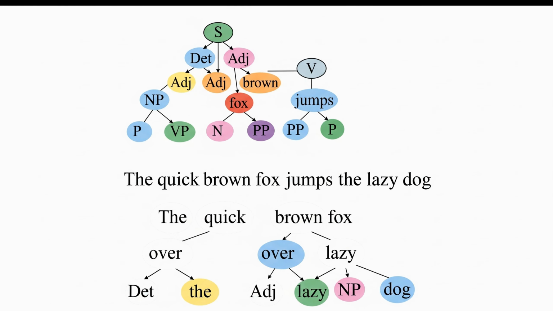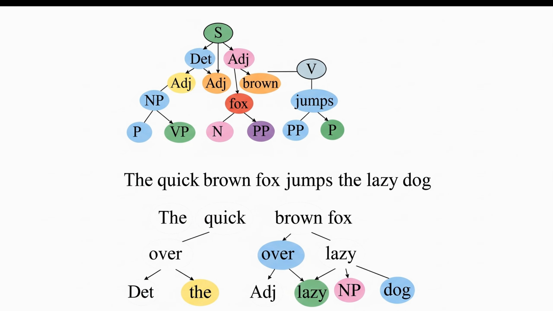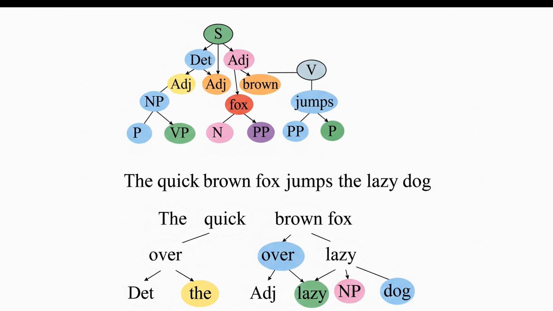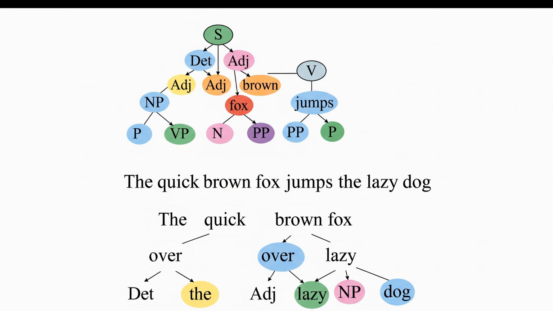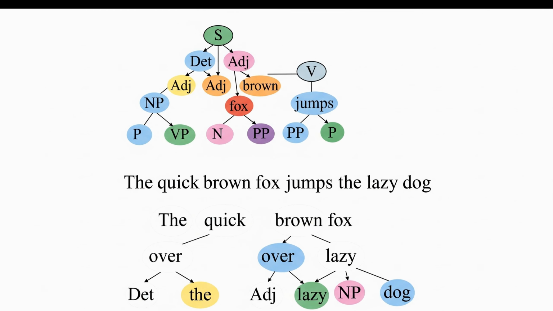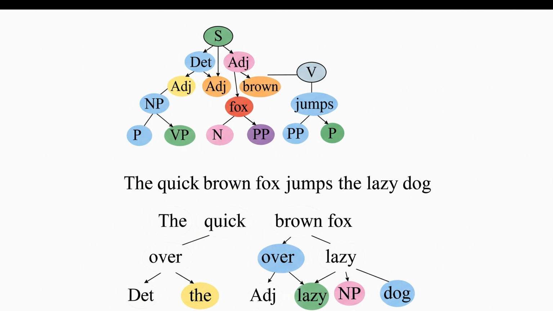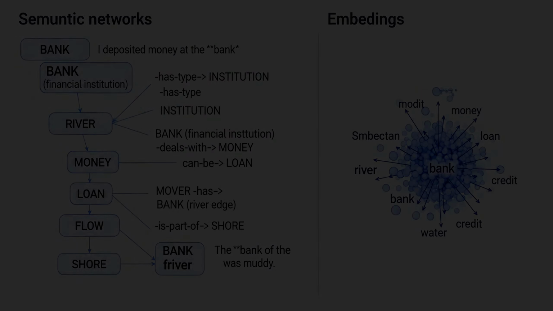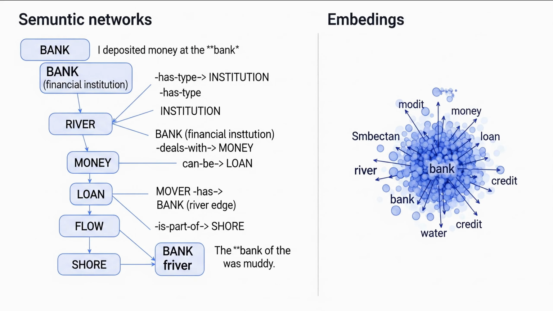Example, the dog chased the cat versus the cat chased the dog. Same words, different syntax, different meaning. In modern NLP, neural parsers and transformer encoders capture syntactic patterns implicitly, but explicit syntax still helps in low data regimes and explainable systems.